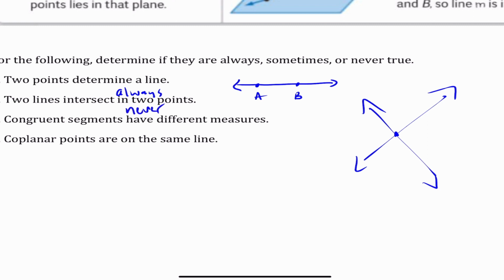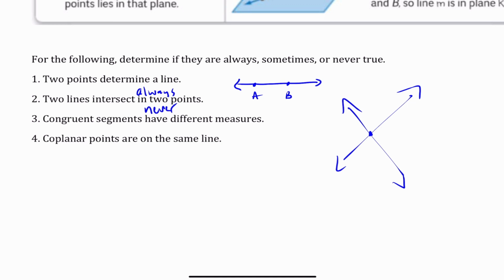Never, never, never. Congruent segments have different measures. Okay, the word congruent means that they have the same size or the same shape. So if I were to draw a segment here, call that XY, and I'm going to call this one, I don't know, RT. And this is congruent to this.